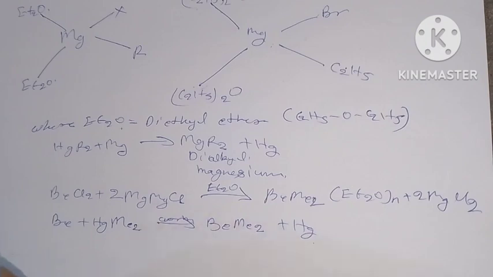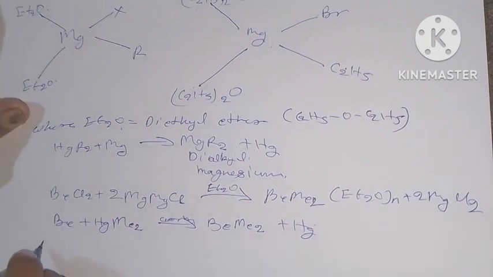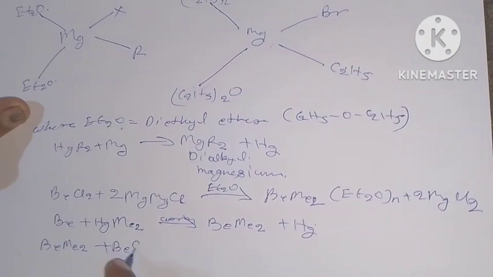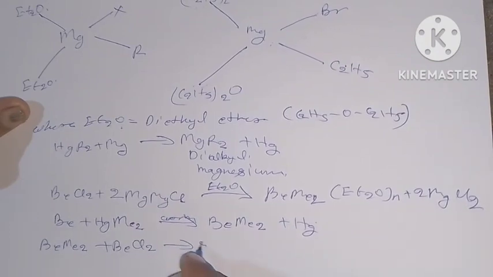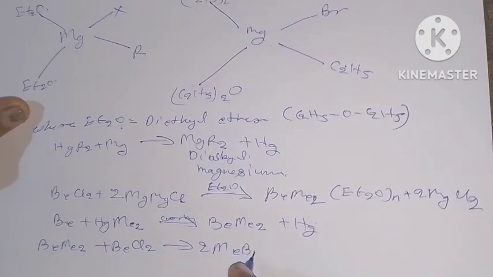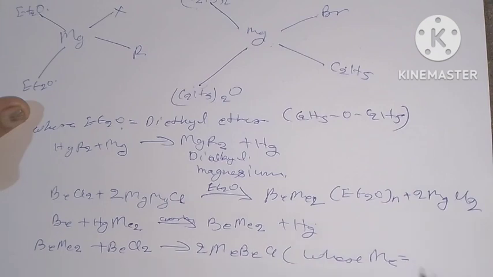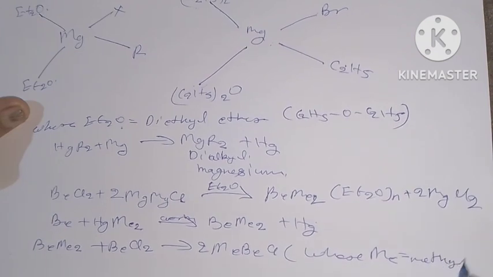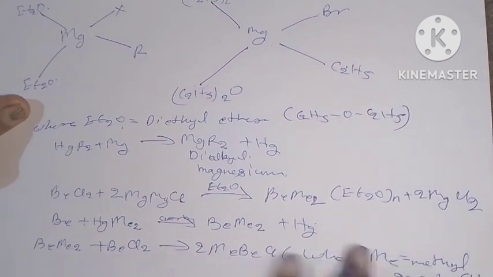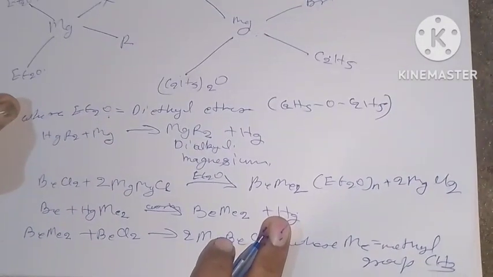Beryllium alkyl reacts with beryllium chloride to form beryllium Grignard compounds: BeMe2 plus BeCl2 gives 2MeBeCl, where Me is the methyl group, CH3.